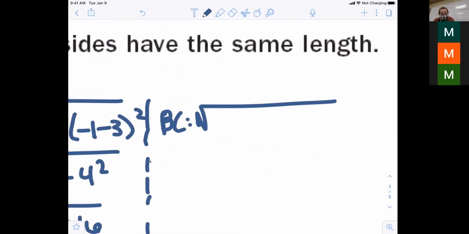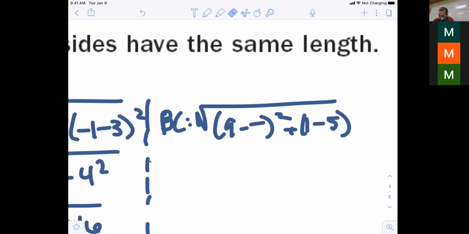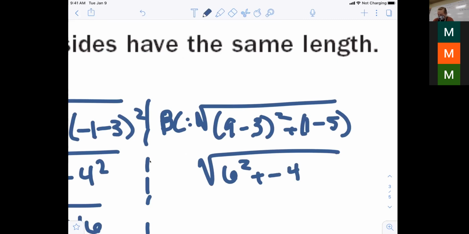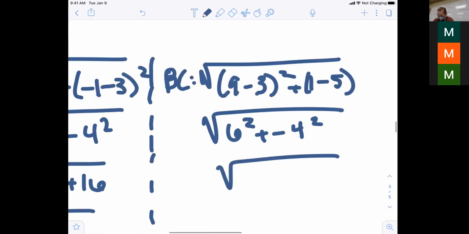I'll zoom back out, but I got my AD and I'm working on my BC right now. Check with the person in front or behind you, or check with the person next to you because you should be getting the same answers.